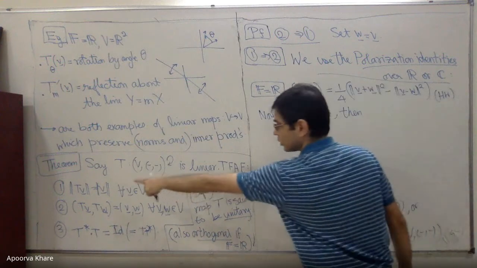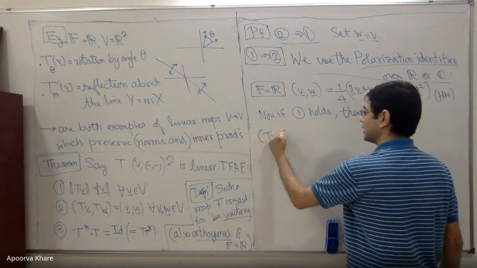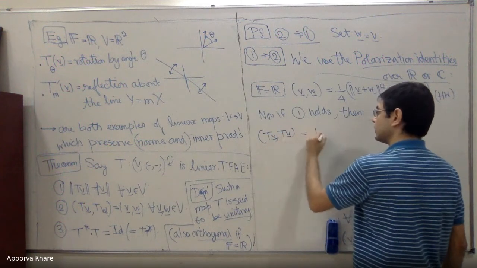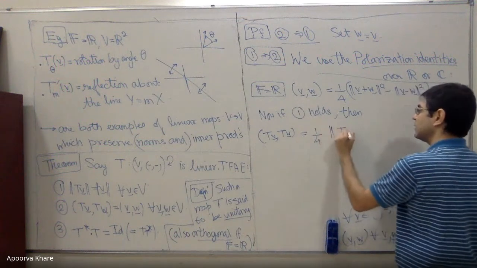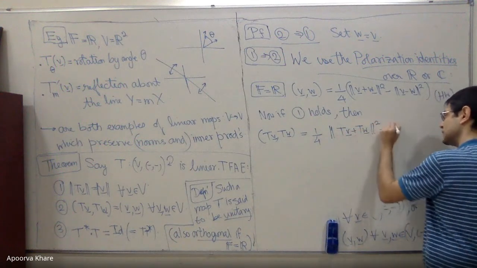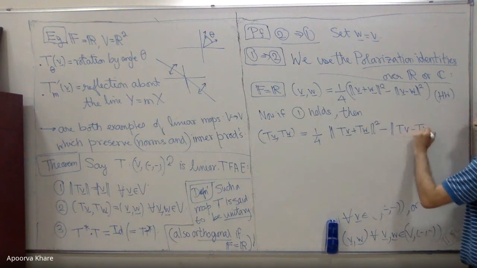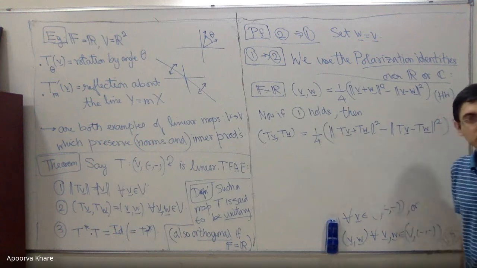Then let's calculate. Let's look at the left hand side of 2, TV and TW. First of all, by the polarization identity, it's 1/4 of the norm of TV plus TW squared minus the norm of TV minus TW squared.